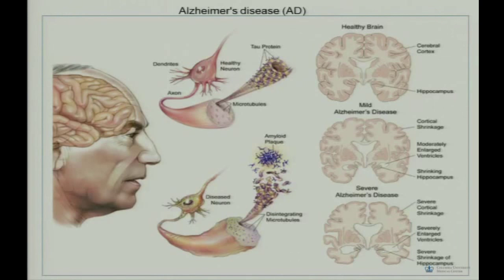And then the neurofibrillary tangles are really these distortions of axonal structure. Okay. They look like these physical tangles of axons that are caused by the production of abnormal, what are called tau proteins in the microtubules of these axons. So the amyloid plaques are found intracellularly, and the neurofibrillary tangles are found extracellularly.